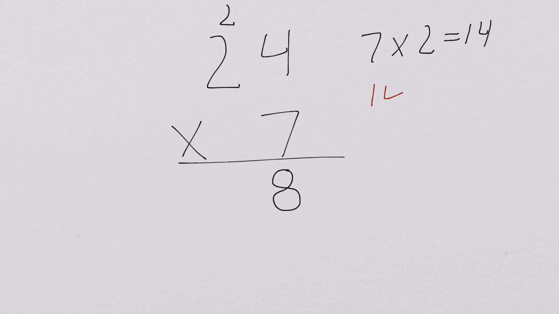So 14 plus 2 equals 16. So we put down the 6, and since we don't have any more digits up here, we can just put down the 1 as well. If we had a digit in the hundreds place, this 1 would go up top, and we'd follow the next step.